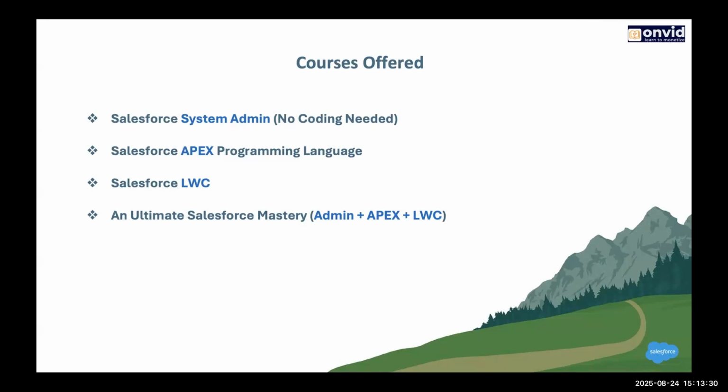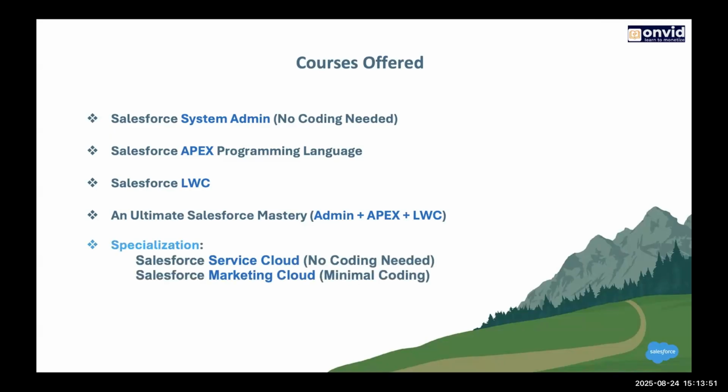In case you want to invest time, this is also a good option where you can invest time in all together. In the next 3 to 4 months, you will be covering everything through an ultimate Salesforce mastery course, which is a combination of admin, Apex, and LWC, all altogether. This would be a live course. All of these are live courses, and then further there would be a specialization.